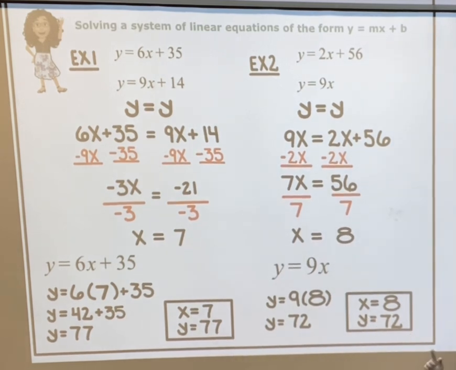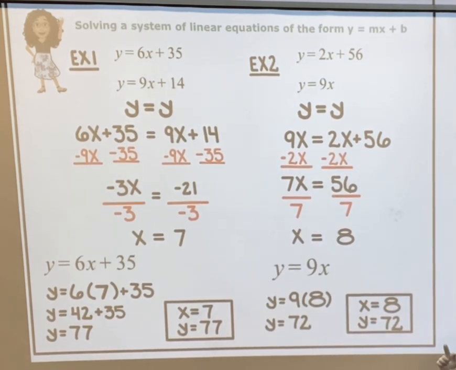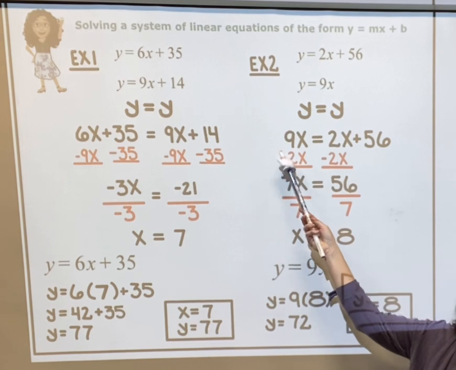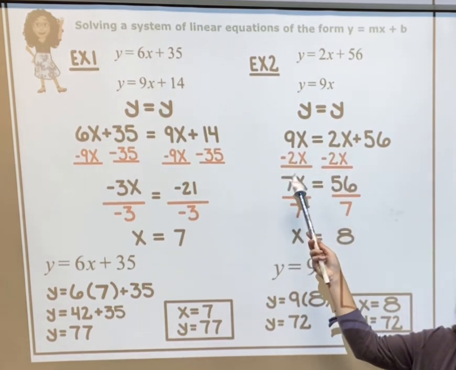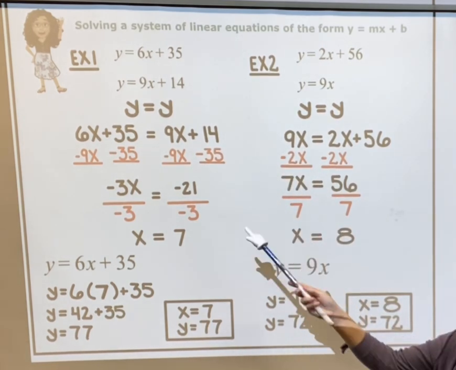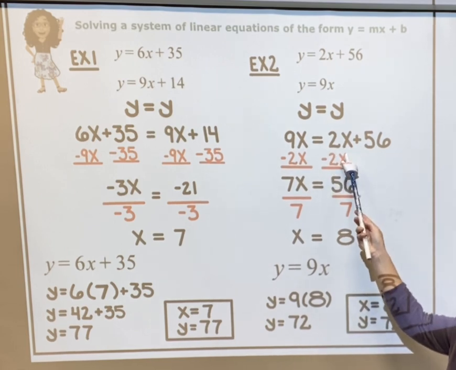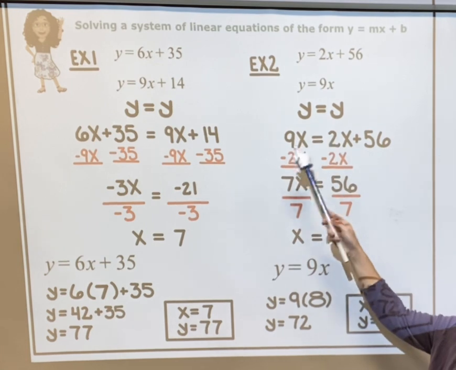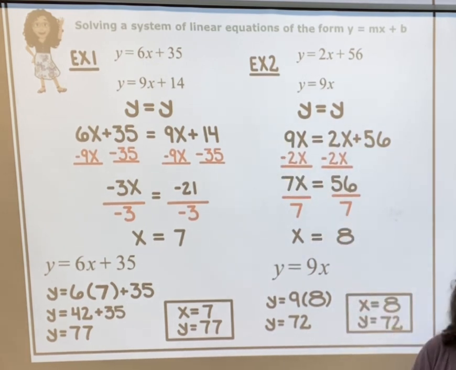Now something else that could happen is if these lines were parallel, then we would have no solution. And what would end up happening in the equation is when you go to move the x's to the other side, all of the x's drop out. So for example, if I subtracted 2x and I subtracted 2x, then maybe both of these are gone and I have 0 equals 56.